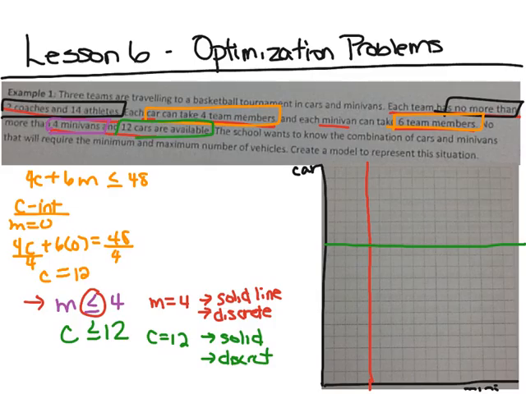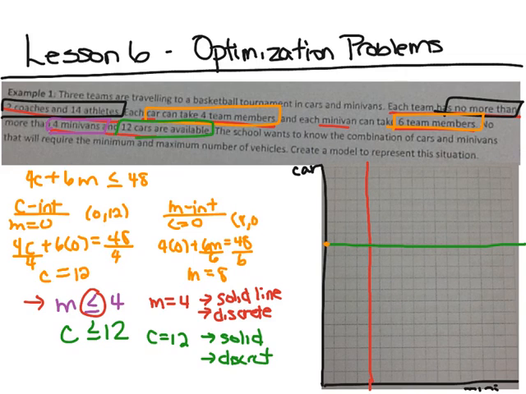So we have a point at 0, 12. To find our M-intercept, we'll make C equal to 0. So 4 times 0 plus 6M equals 48. Divide by 6, and M is equal to 8. So we have a point at 8, 0.